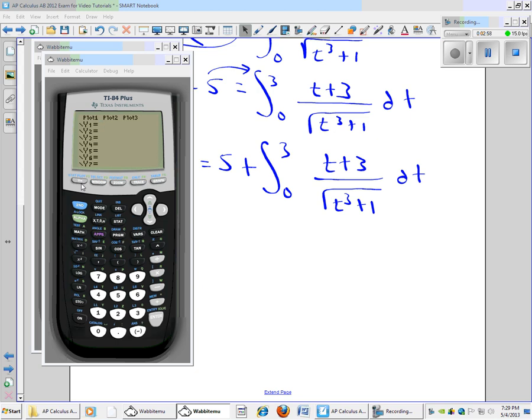So for the y equals, I've got, let's put parentheses, t plus 3, in this case x plus 3, and divided by the square root, and the t cubed, or x cubed in this case, plus 1. And close the parentheses and hit enter and graph.